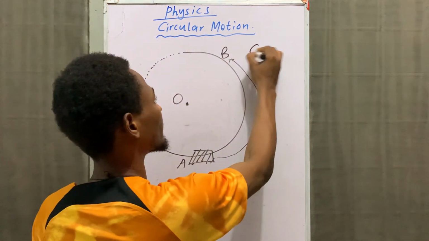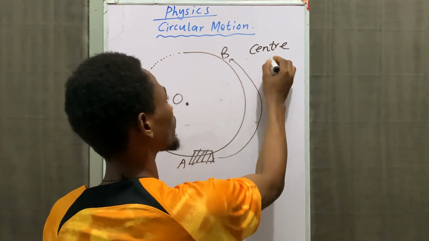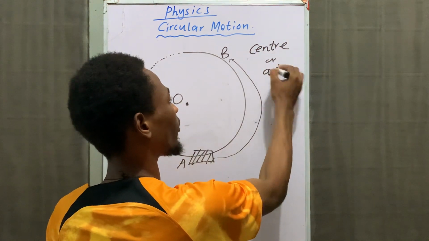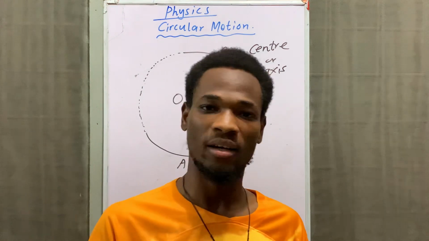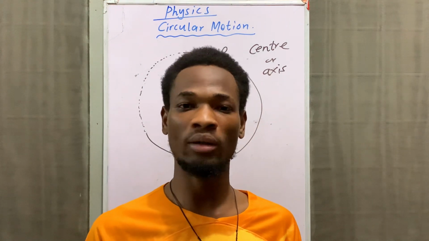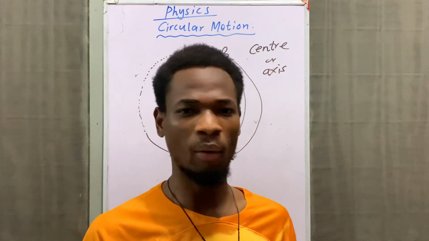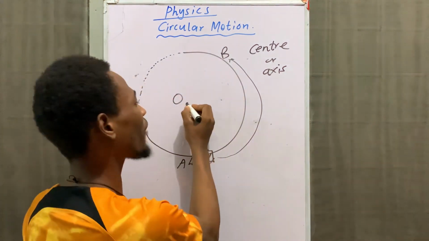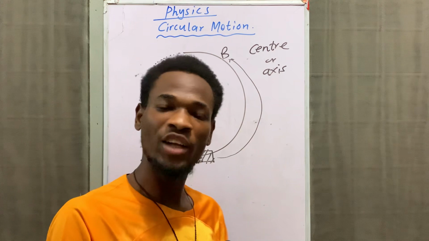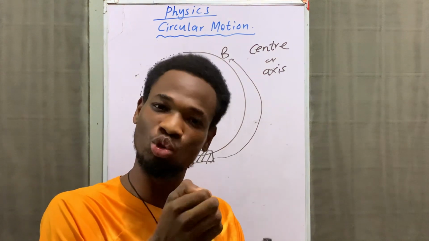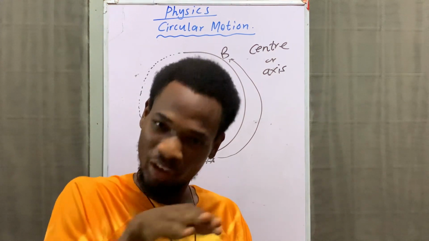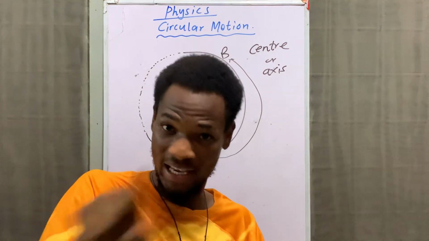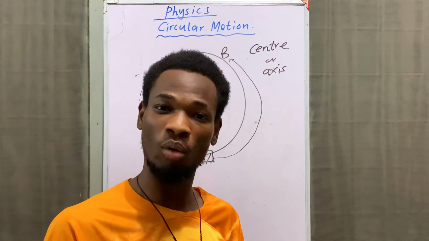So either center or axis. I hope you know center. But what about axis? Axis simply means, if you have a center and you draw a line to pass through the center perpendicular to the plane of the circle, that's what we call an axis.